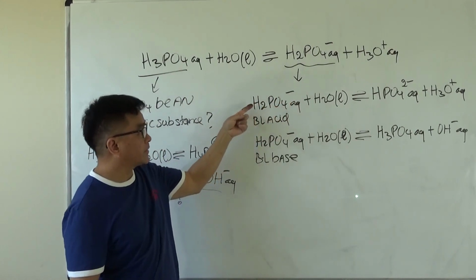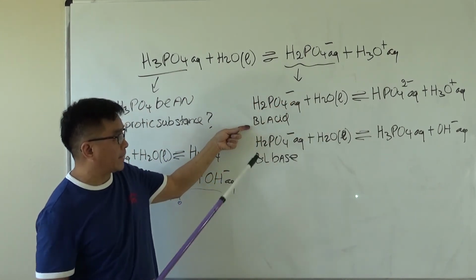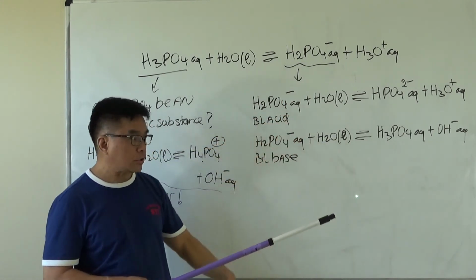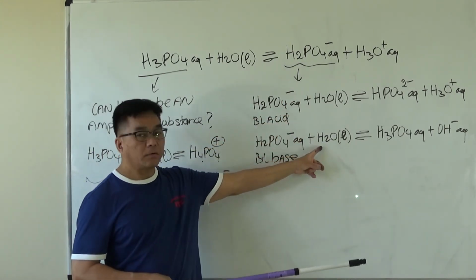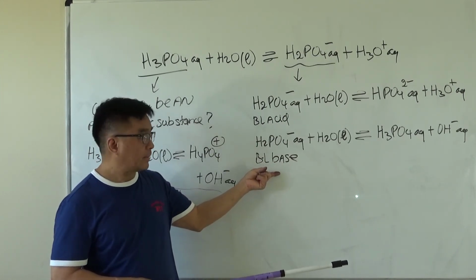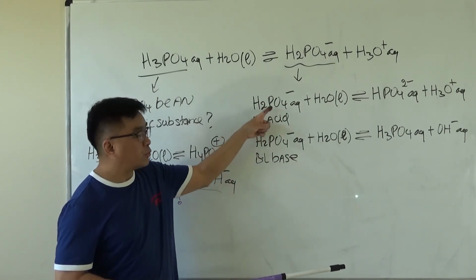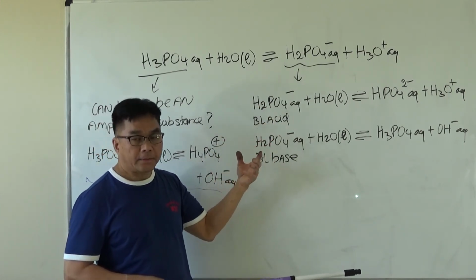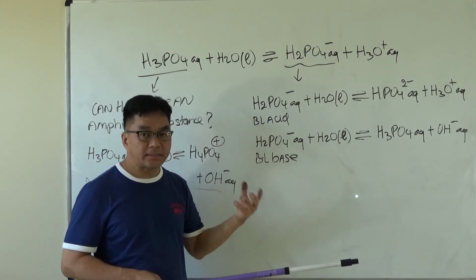Dihydrogen phosphate can act as a Brønsted-Lowry acid by releasing another proton to solution, so it's a proton donor, or it can grab a proton from water, so here it acts as a Brønsted-Lowry base. Therefore the H2PO4 minus, or dihydrogen phosphate ion, is an amphiprotic substance.